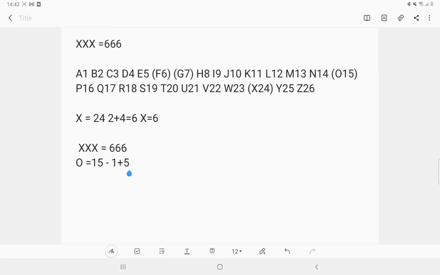So 1 add 5 equals 6. So that means O can also equal 666, right? But hold on. We're going to go on. Put that there. So that equals 666.